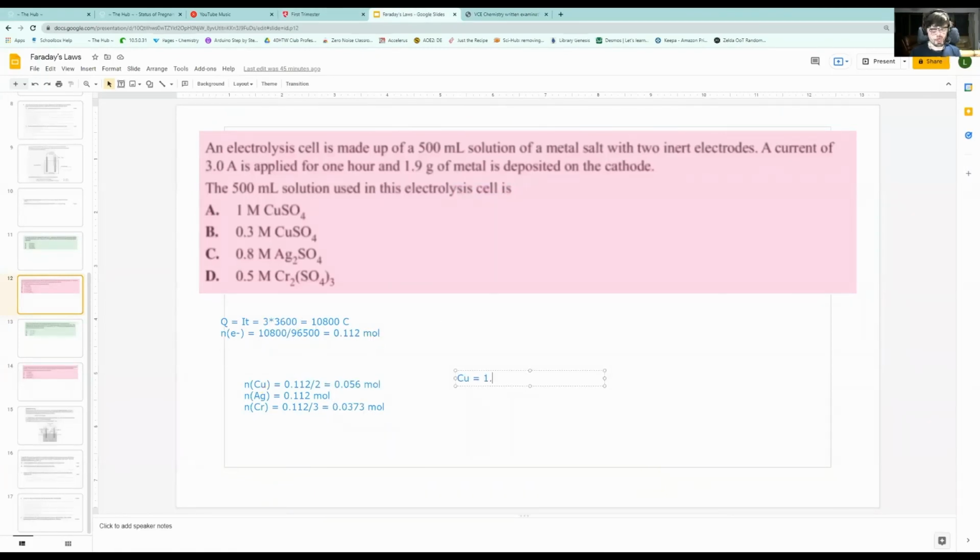And it's going to be 1.9 divided by 63.5, which is going to be 0.03 mole.